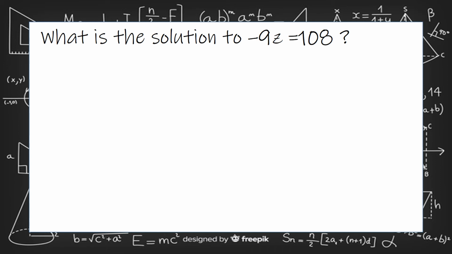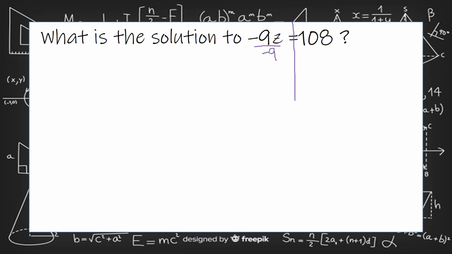What is the solution to negative 9z equals 108? So we're going to draw our line here, and that variable z just wants to be left alone. So we are going to get that negative 9 away from it. It's being multiplied right now, so we've got to do the opposite to break it apart. So the opposite of multiplying is dividing.